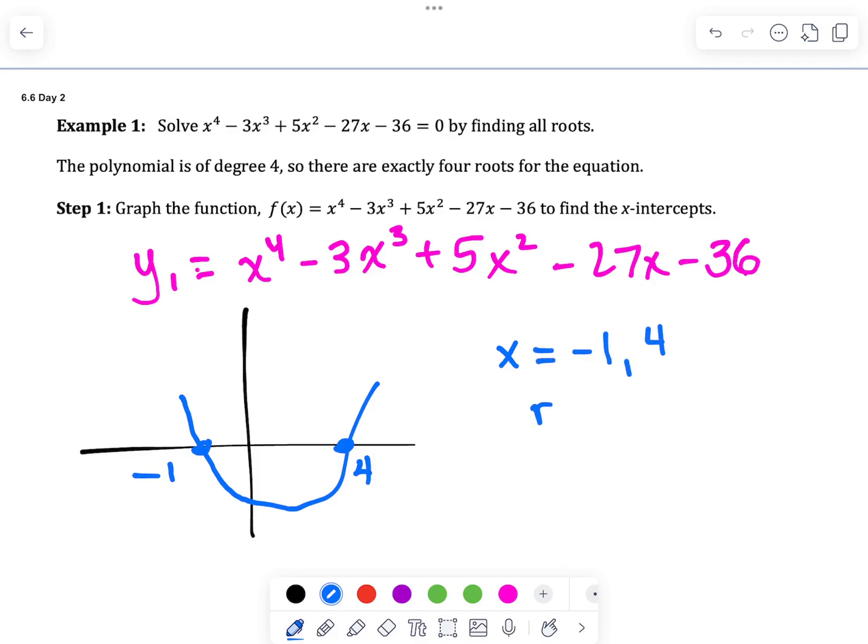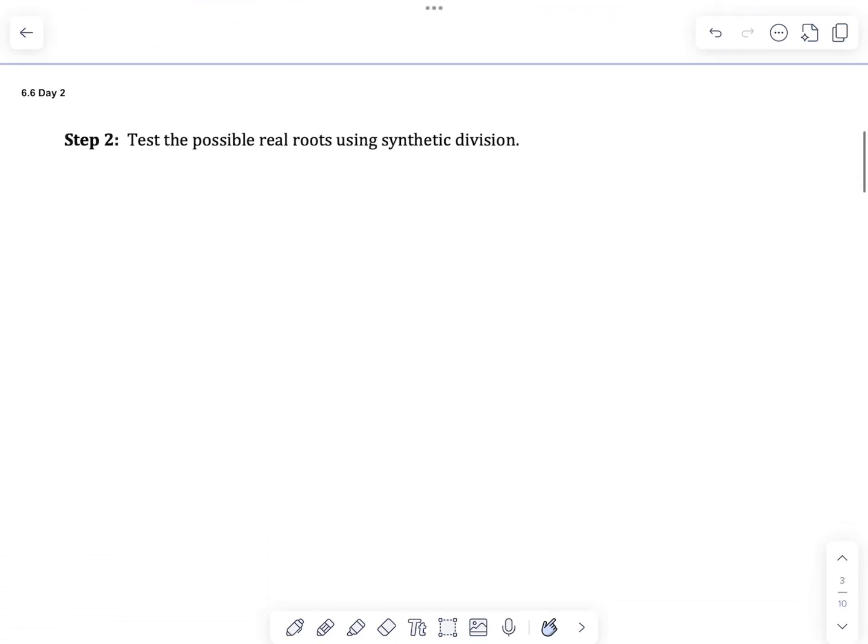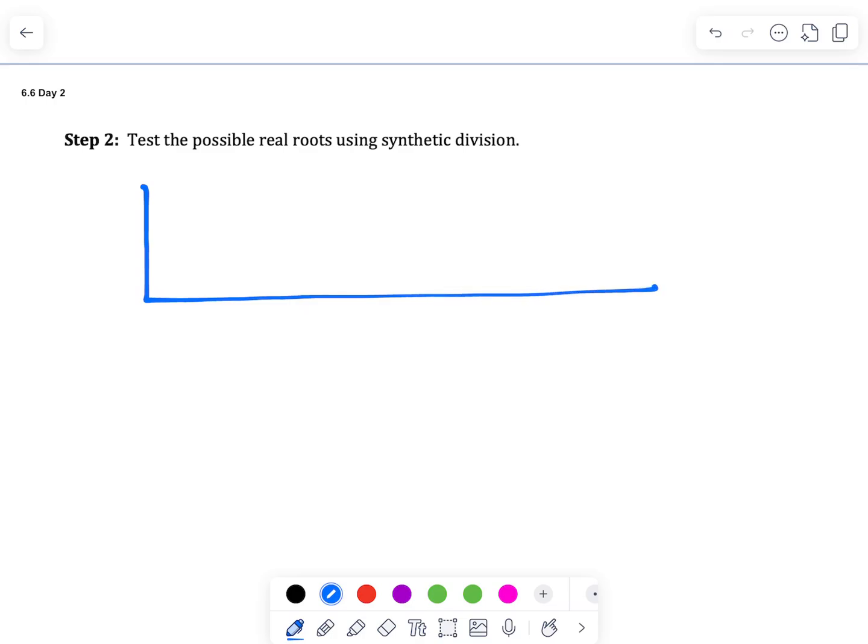So these are real roots. So there are 2 remaining roots, and the 2 remaining ones will be complex. So what we do is we use synthetic division. So I'm going to set up my box of my synthetic division.